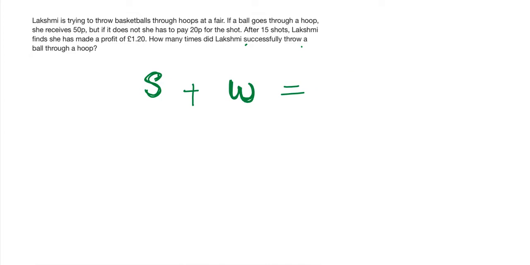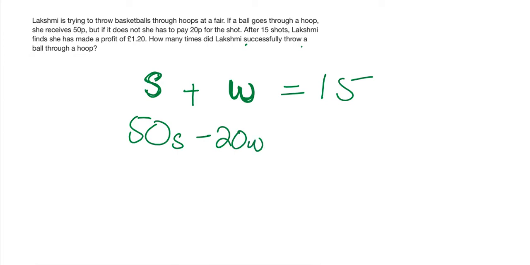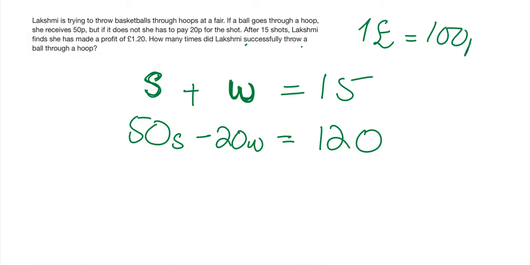When she successfully makes it, she receives 50 pennies, but if she doesn't, she has to pay 20 pennies, and that will be equal to 120 pennies. Sorry, 1 pound equals 100 pennies.